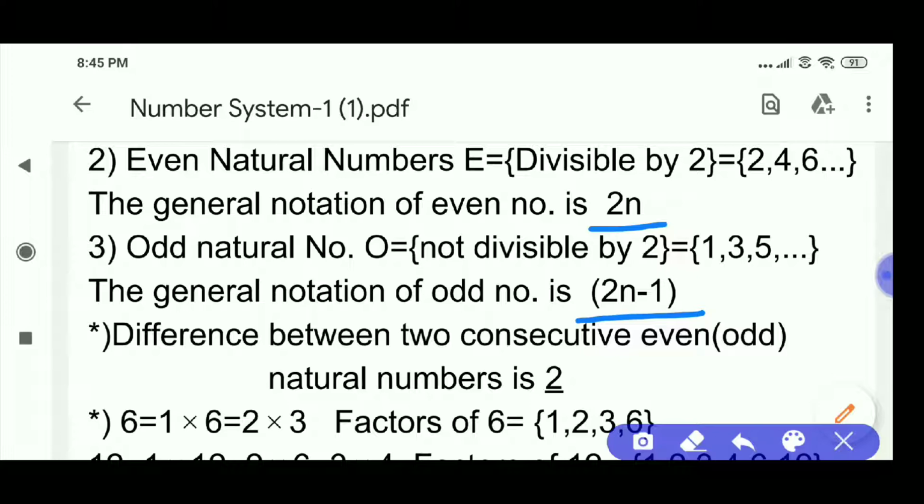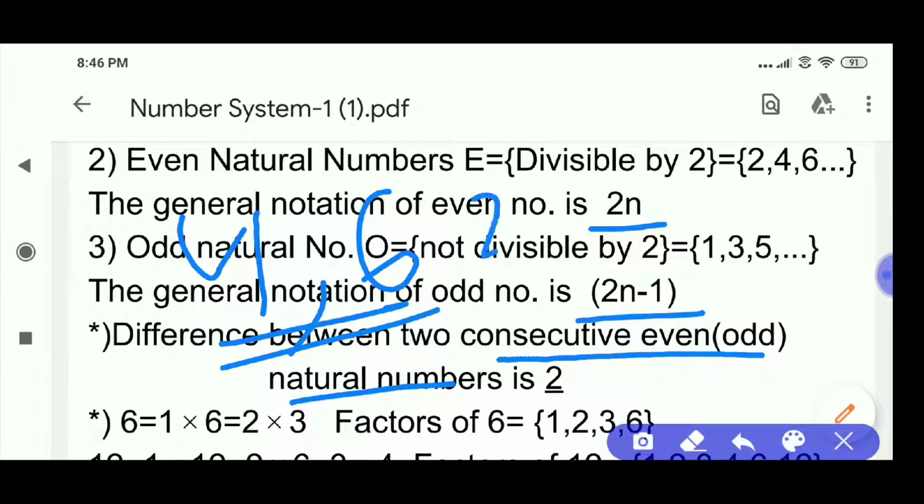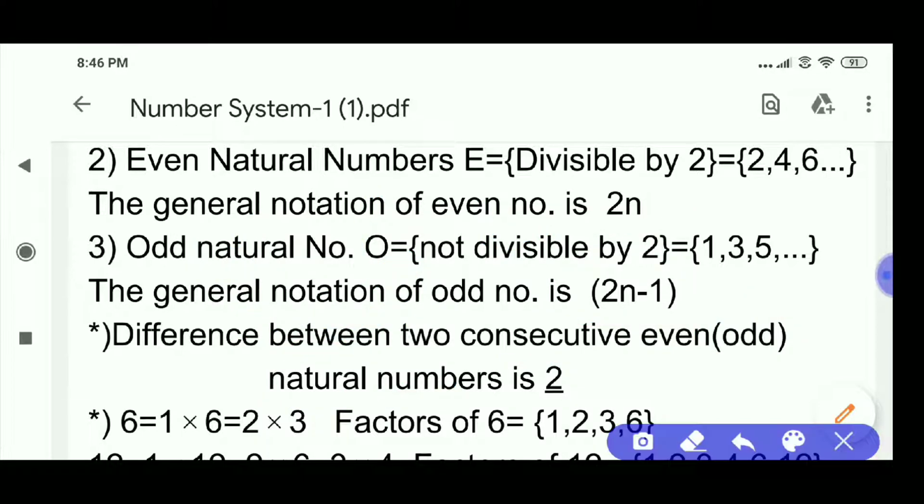What is the difference between two consecutive even natural numbers? 4, next even number is 6. So the difference is 2. Similarly, the difference between two consecutive odd natural numbers. For example, 3 is an odd number.